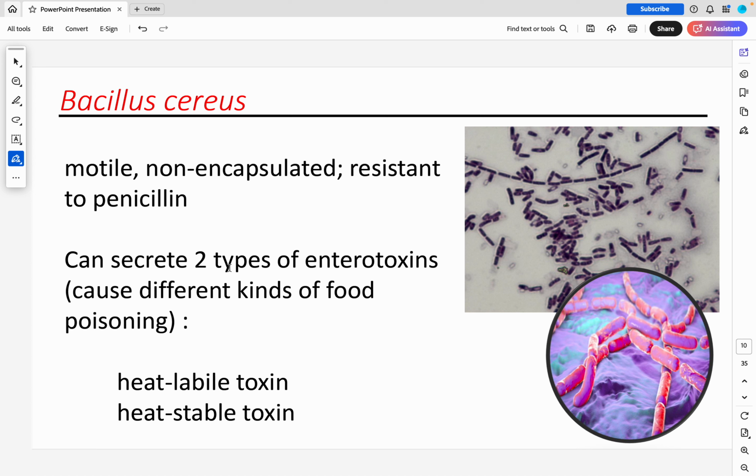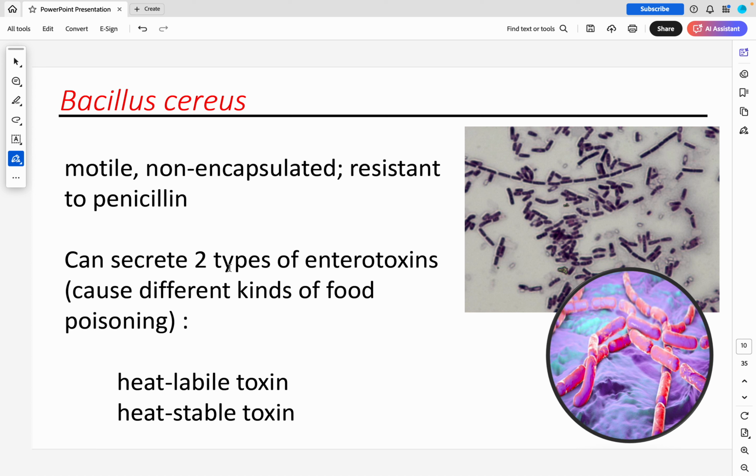The two types of enterotoxins associated with gastro diseases are the heat labile toxin and the heat stable toxin. Heat labile toxin of B. cereus is associated with diarrheal disease. And heat stable, on the other hand, is associated with an emetic disease.